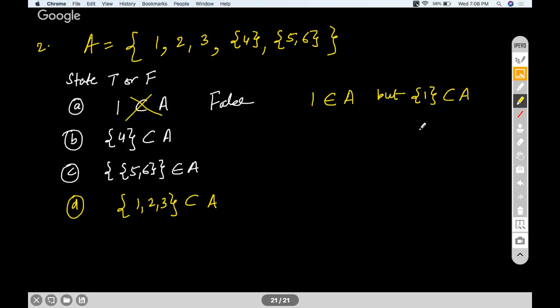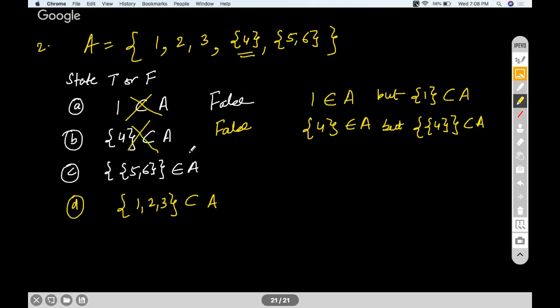So those who are saying A is true, I'm so sorry, A is false. Second is, this is a subset of A, this is also false, because this is an element. So basically, this will belong to set A. But if you want to write it as a subset, you have to say the set of this will be a subset of A. So this statement is also false.